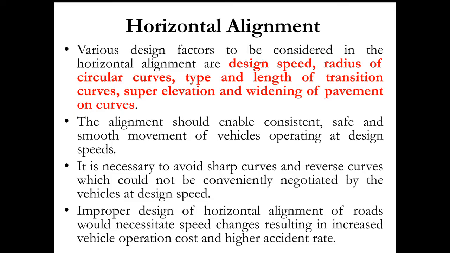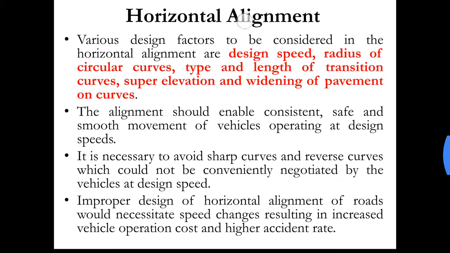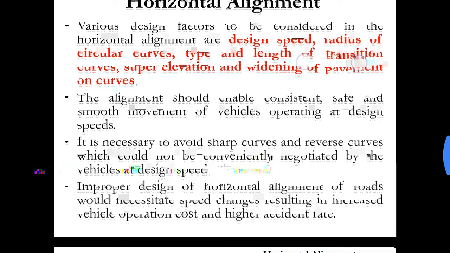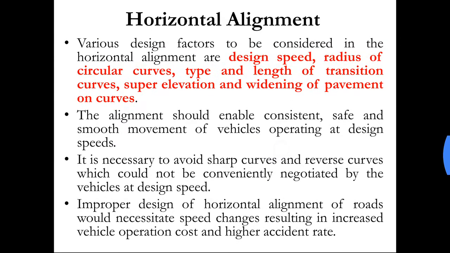These are the different design factors that we consider within horizontal alignment. We will discuss each of these factors, derive their formulas, and study their importance in our later classes.